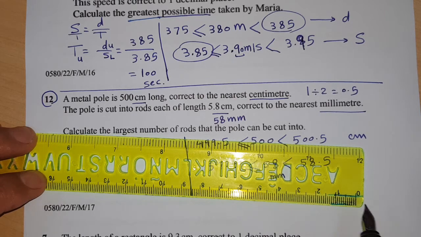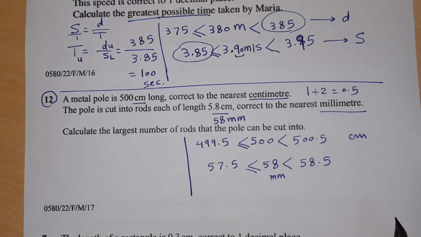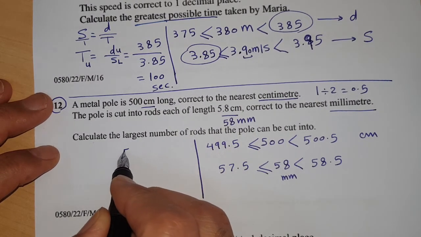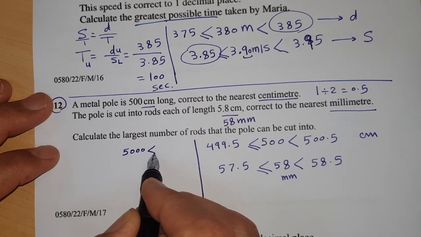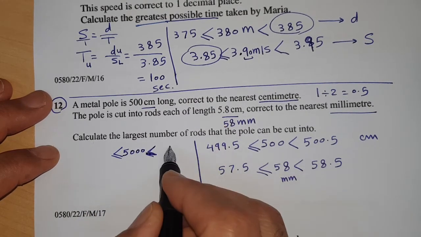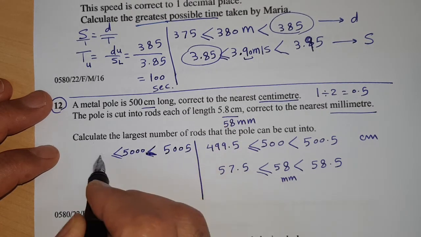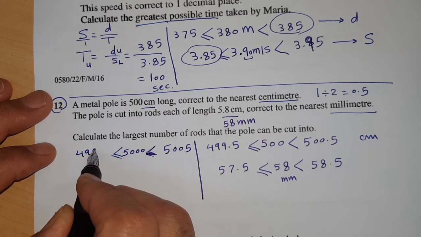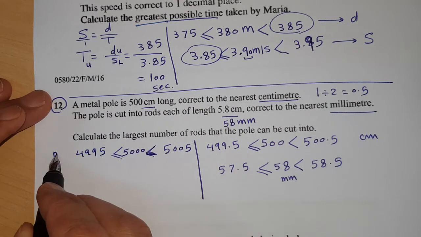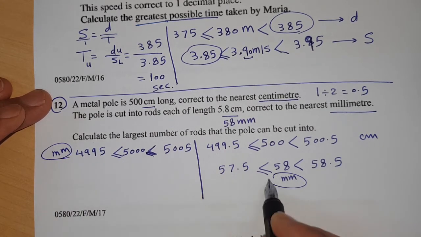So 1 centimeter is 10 millimeters. So multiply this by 10 to get millimeters. This number is now 5,000. Here it will be 5,005, and here 4,995. Now the answer is in millimeters, the same as this one.